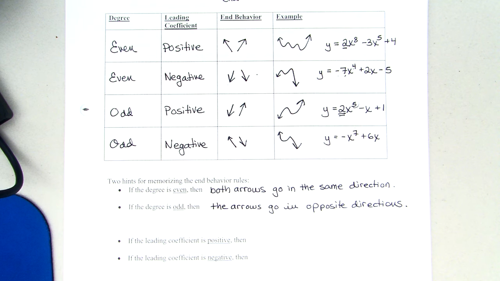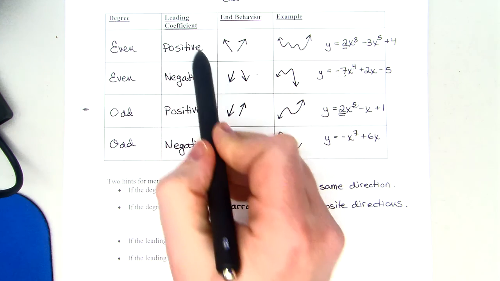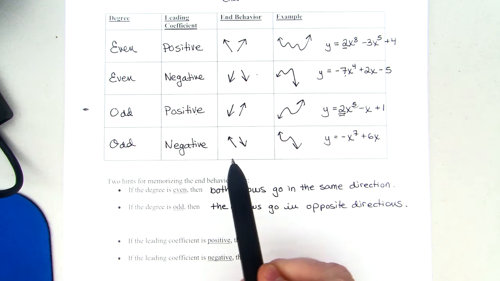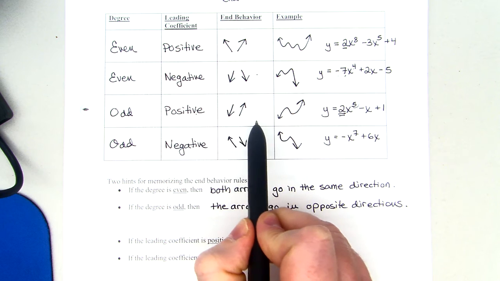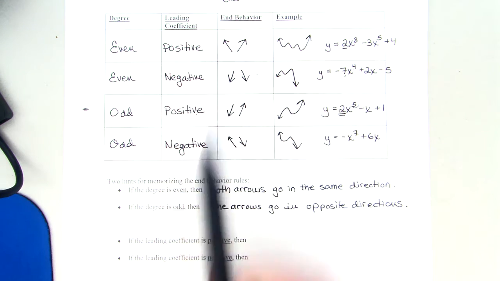Then, if the leading coefficient is positive, like here and here, that function ends by pointing up.